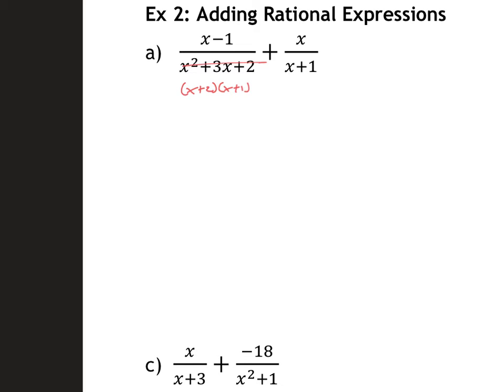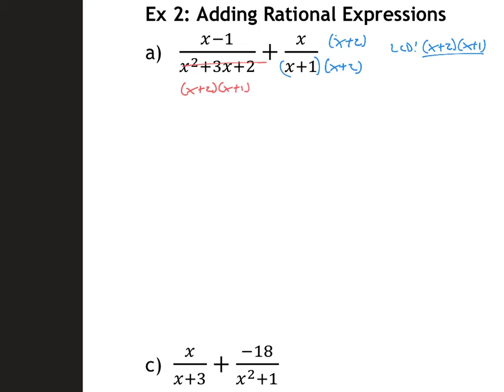Now the left one has an x plus 2 and an x plus 1. I need to get a common denominator. The right one has an x plus 1, so it needs an x plus 2. So what you do to the bottom, you have to do to the top. My least common denominator here, you don't have to write this every time, but it does help.